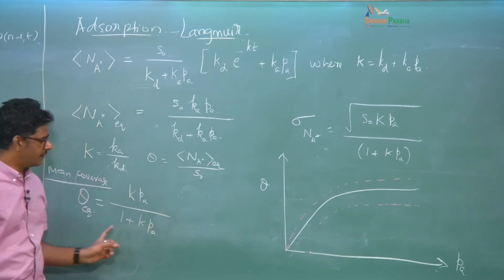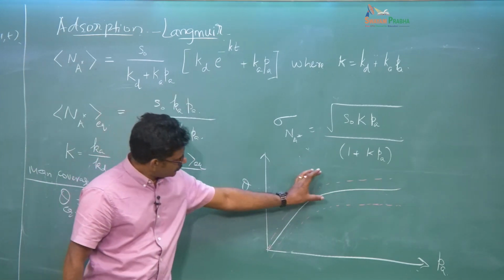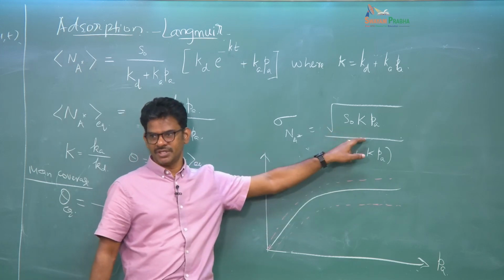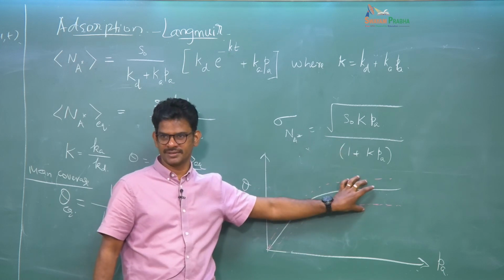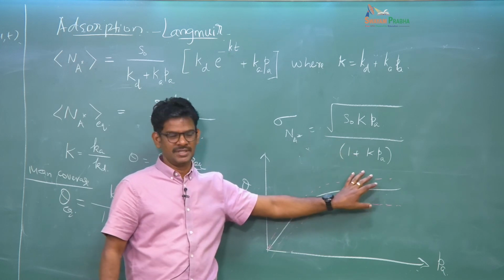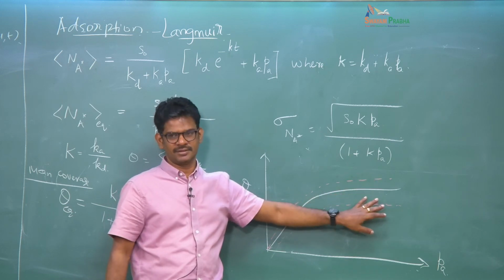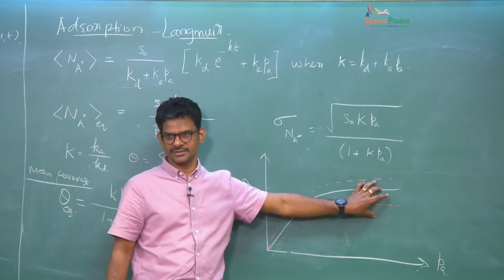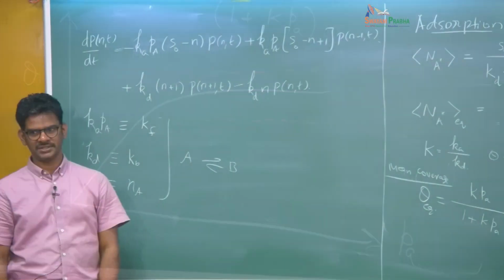So the mean changes with Pa by this, and this is exactly like the deterministic approach, but you can also find the uncertainty about this mean based on this equation. For every Pa you can calculate what is the error bar, what is the fluctuation about it. This extra information about the fluctuation about the mean is not obtained from the deterministic approach, but from this stochastic approach you can get that extra information. So that's the main takeaway that we obtain by doing this problem stochastically.